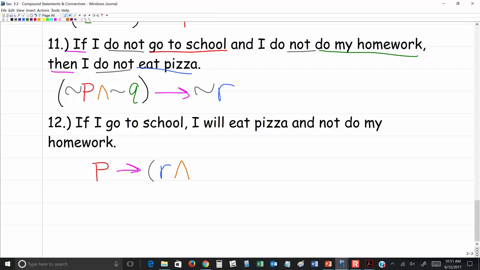So that's tilde Q. They left out the word then, but I think it still retains the same meaning as if they had put the word then in there. All right, any questions about that?